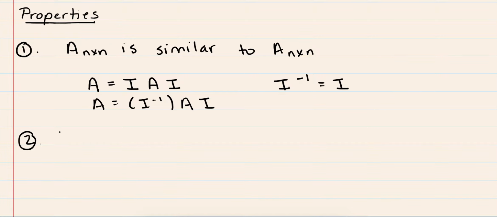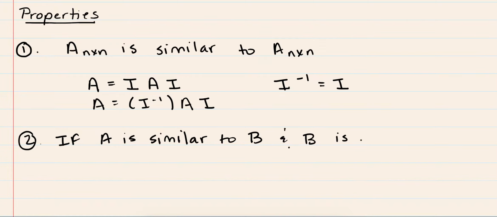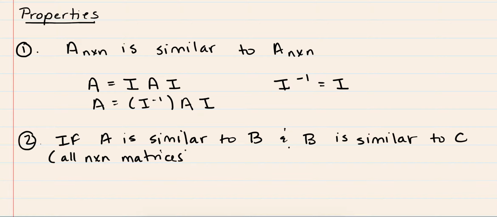The second property is, if A is similar to B, and B is similar to a matrix C. These are all n by n matrices. Then A is similar to C. How can we prove that?